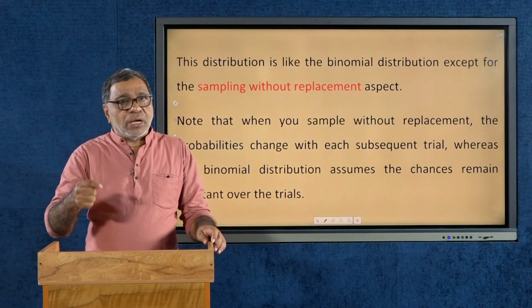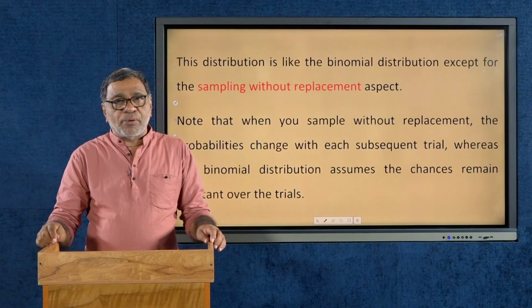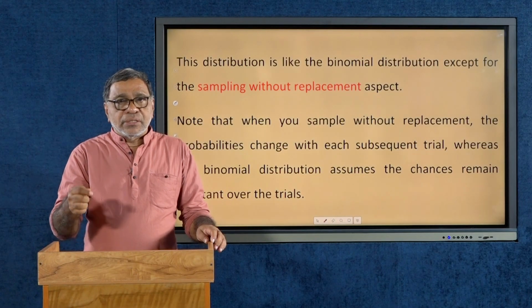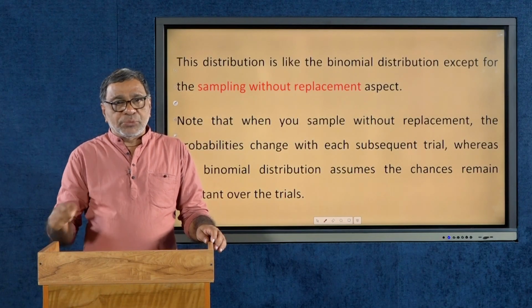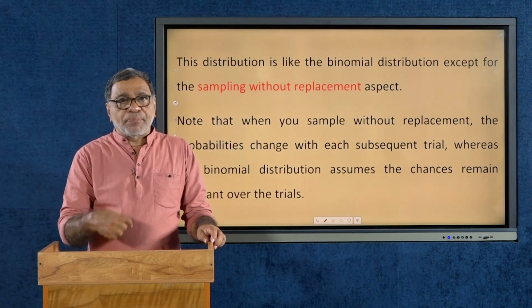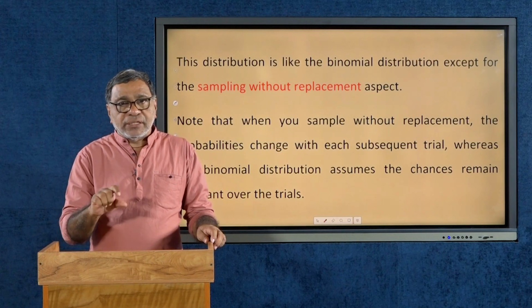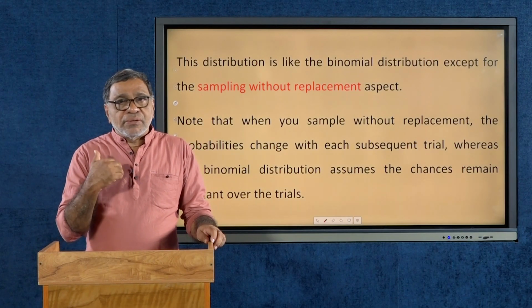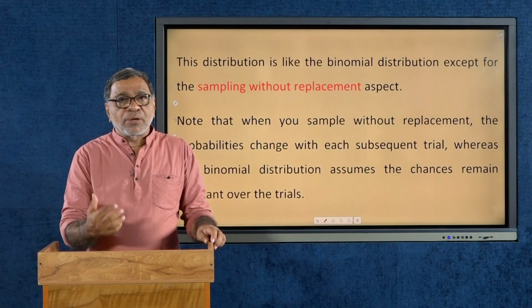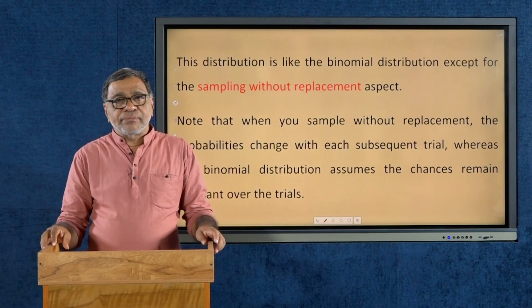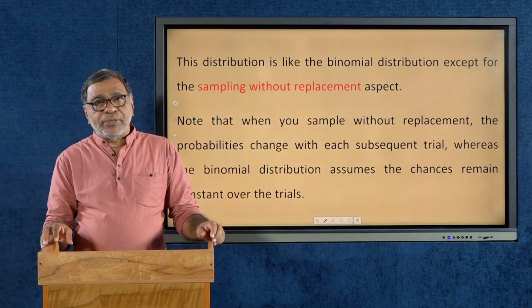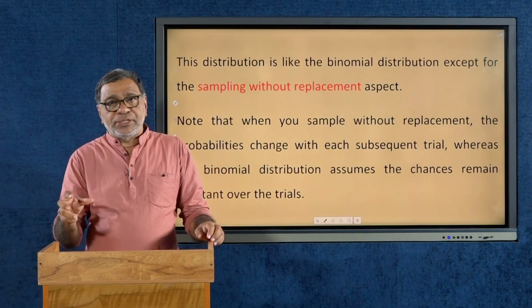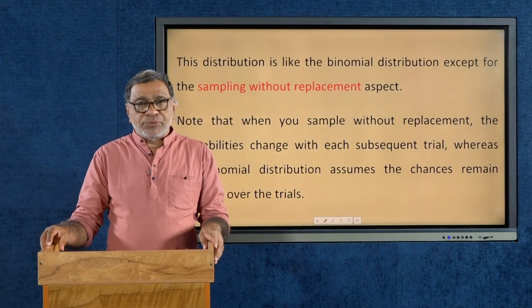But when we consider a probability model in which we sample without replacement, the probability of getting a particular event changes over the trials. Suppose we have a population consisting of defective and non-defective items.